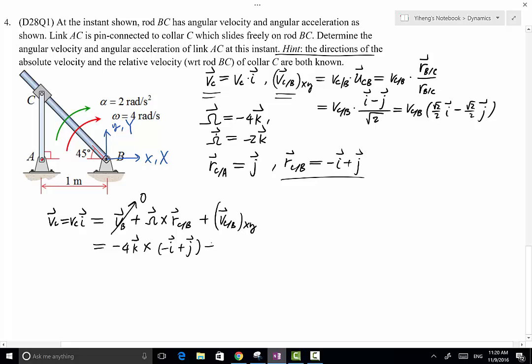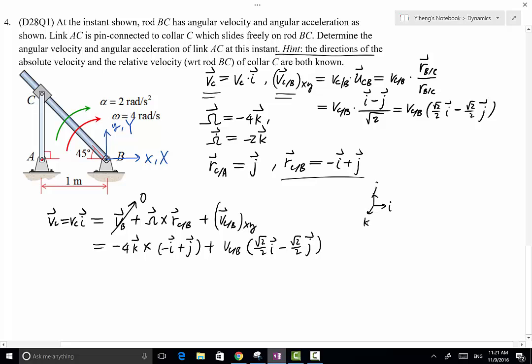And then VC relative to B, we have the magnitude multiplied by its unit vector that gives its direction. So we can evaluate that. K cross i, we can do a little coordinate system for help. K cross i according to the right hand rule equals positive j.